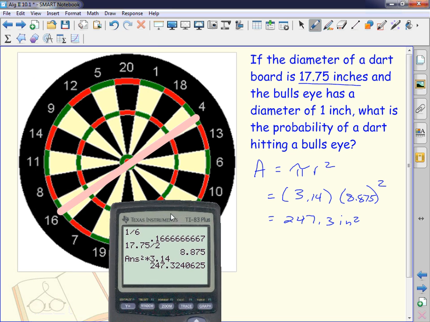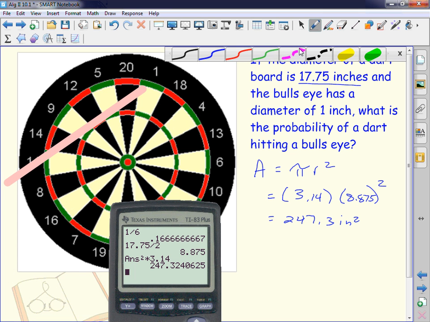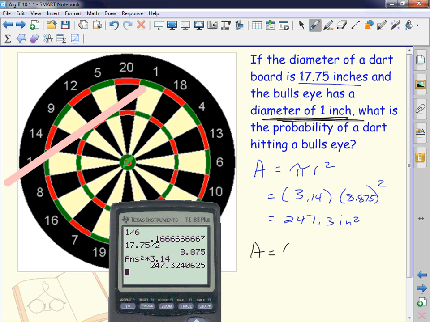Now we're talking about the bullseye. And the bullseye is right here. How big is that bullseye? The diameter is only 1 inch. So let's find the area of the bullseye. 3.14. What's the radius? 0.5.